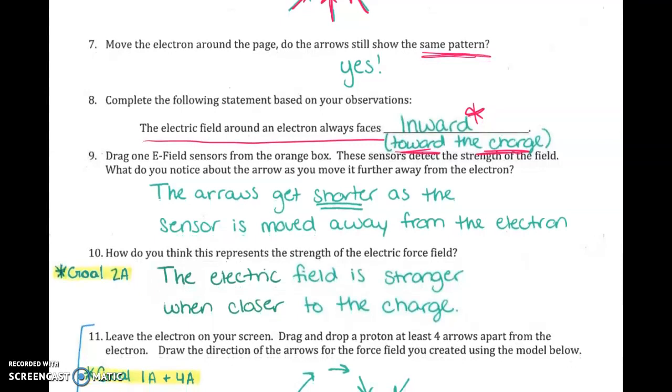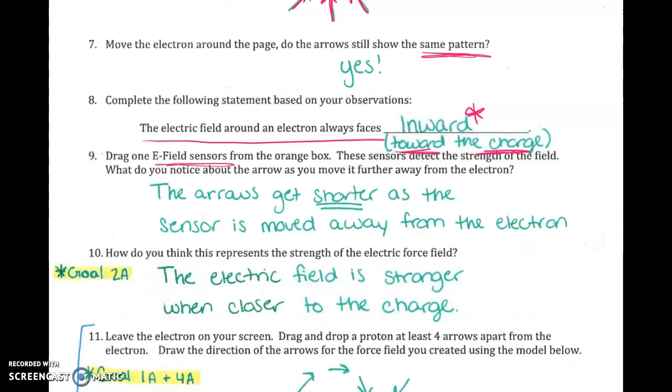These next questions look at the E-field sensors. Now the sensors that I think are in this activity are little orange dots, unless they change that on me. If you bring the dot closer to where your charge is, whether it's positive or negative, you notice that the arrow gets longer, and if it gets away, the arrow gets shorter as the sensor is moved away from the electron.